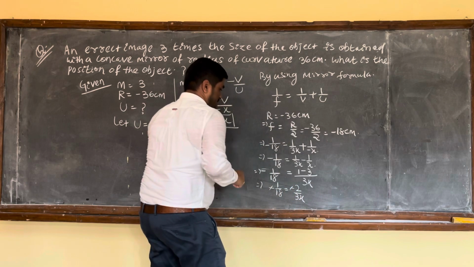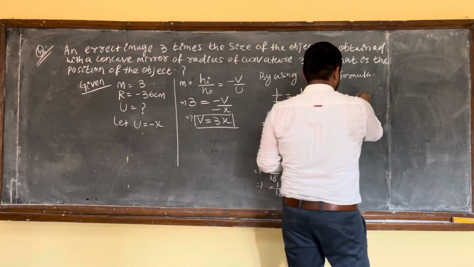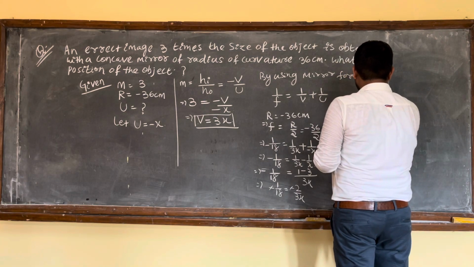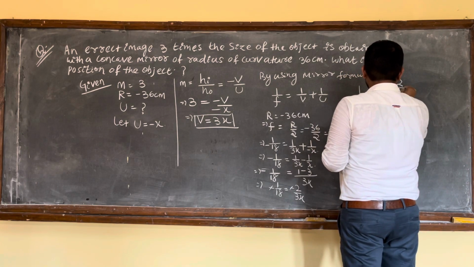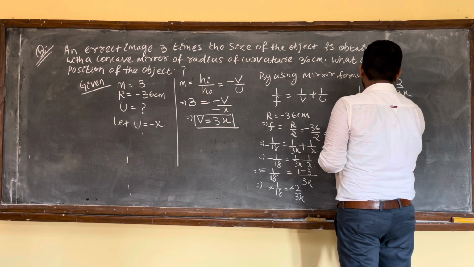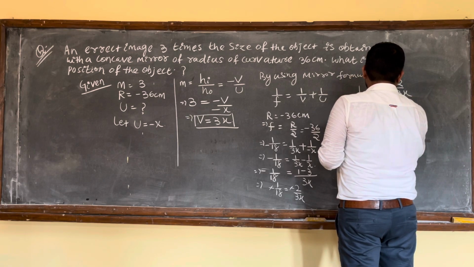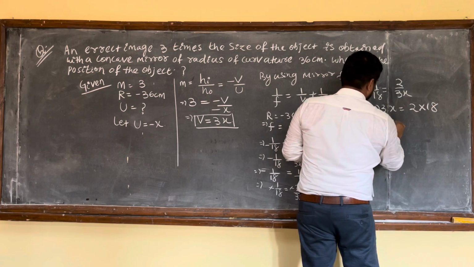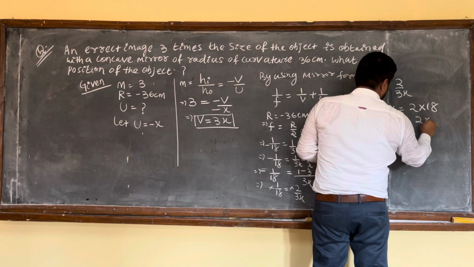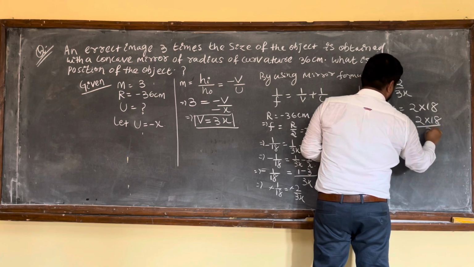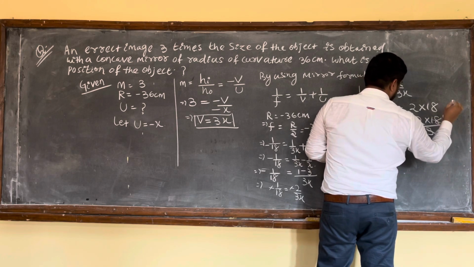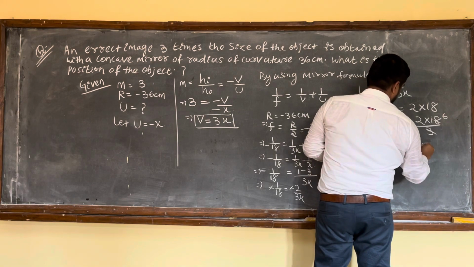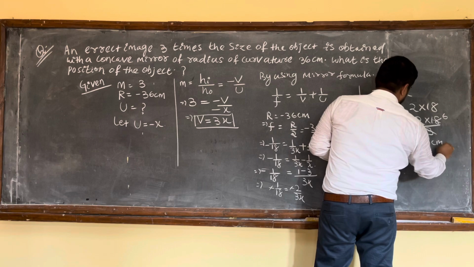Both sides minus are present, so you can cancel the minus sign. So this will be 1 divided by 18 equals 2 divided by 3x. That implies 3x will be 2 into 18, that implies x will be 2 into 18 divided by 3. So this is 6, that implies x will be 6 into 2, that is 12 centimeter.